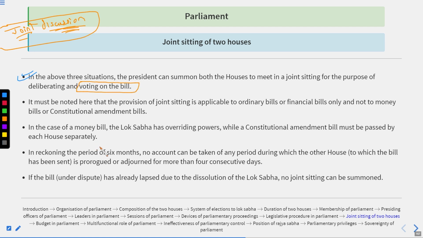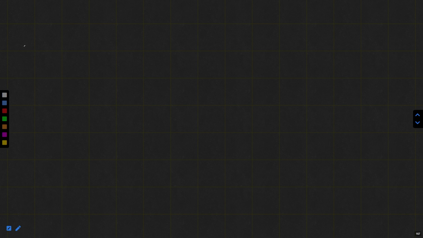Remember, let me give you an example. Out of 550 seats in the Lok Sabha, suppose 520 are in favor. This is the case of Lok Sabha.